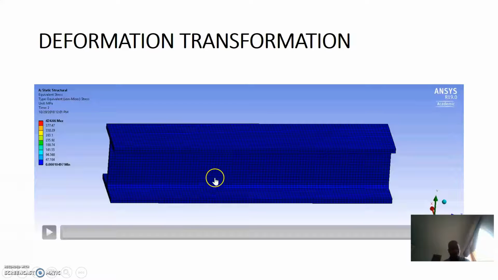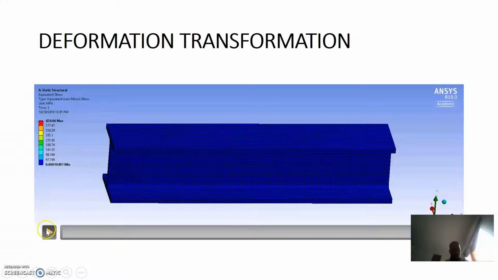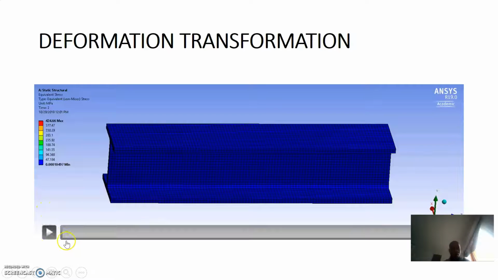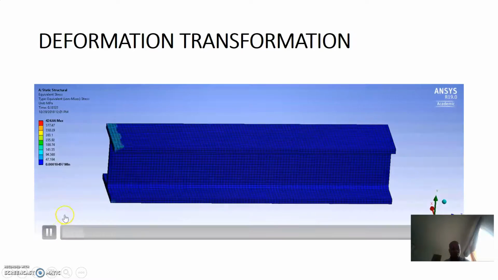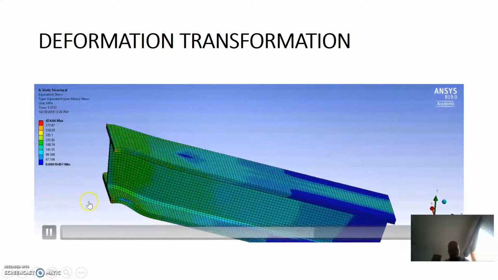This is just the video recorded or captured in ANSYS. I just want you to see how the beam deforms after applying the load. This side is fixed, and I just solve the problem. This is how the beam behaves. You can see it right now.